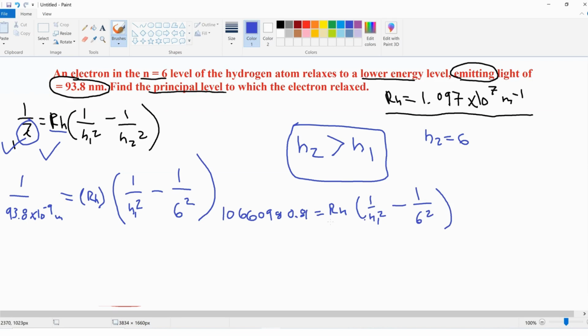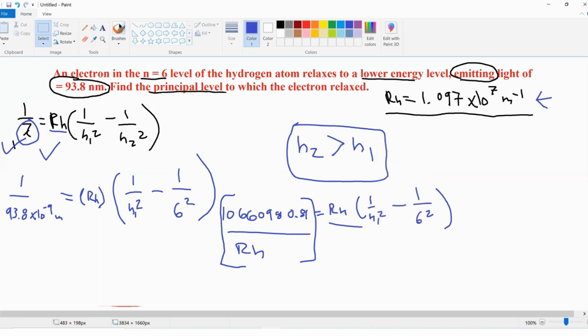And now we're going to divide by R_H, so this number is divided by this number, 1.097 e to the 7. I got 0.97183. Let me make some room here.